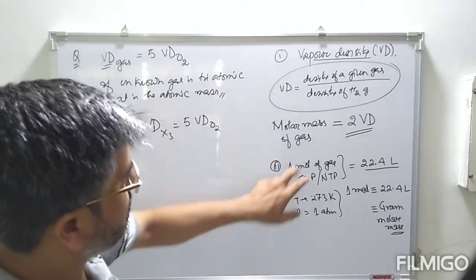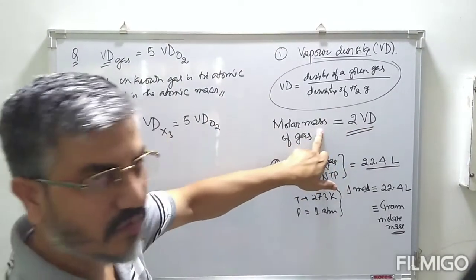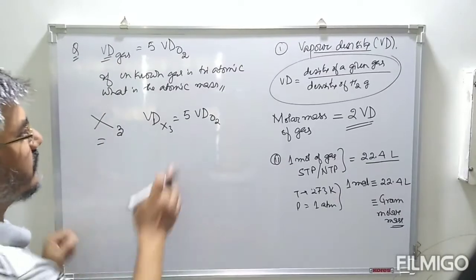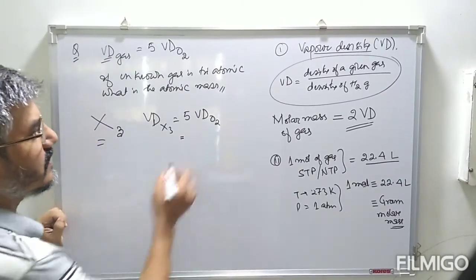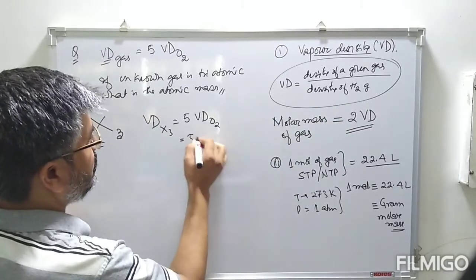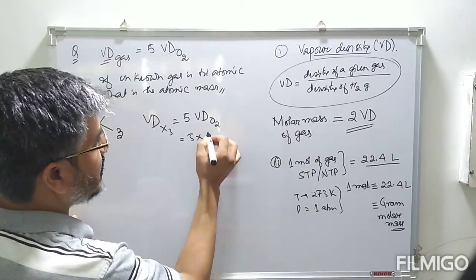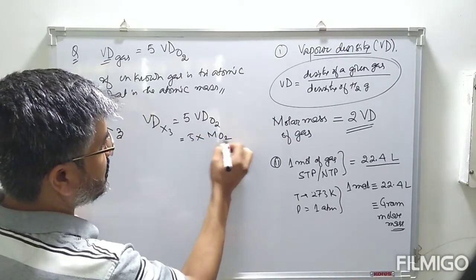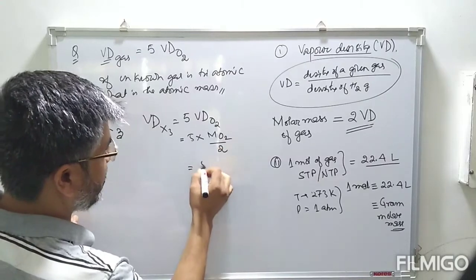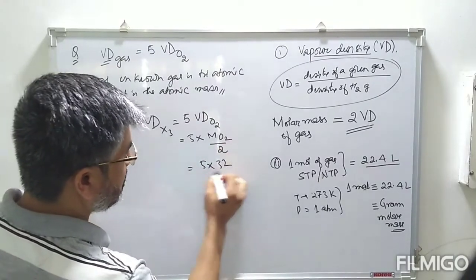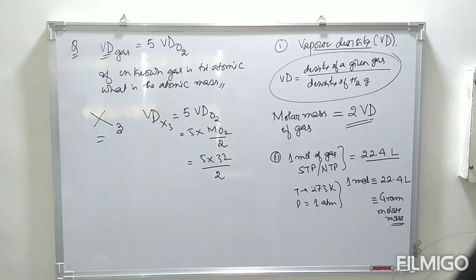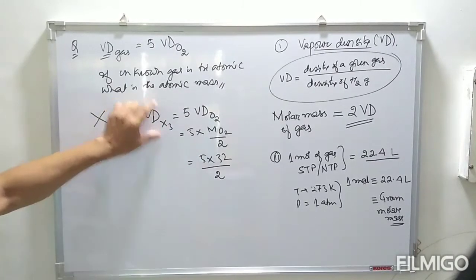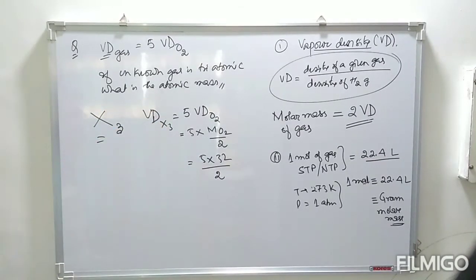So we have looked at this vapor density and molecular mass. So if we have vapor density of oxygen, then vapor density of oxygen is half of molecular mass. Molecular mass of oxygen divided by 2. So we have 5 into 32 divided by 2. So this is the vapor density of X3.